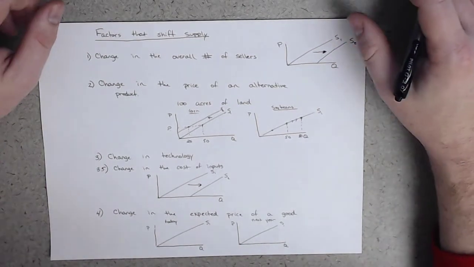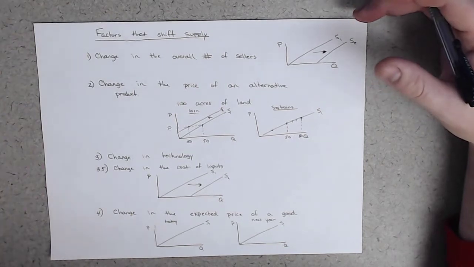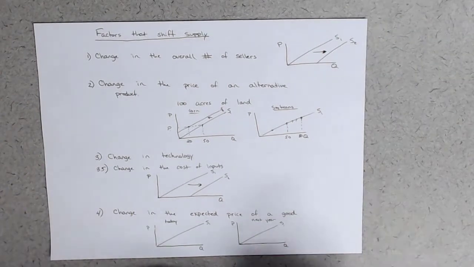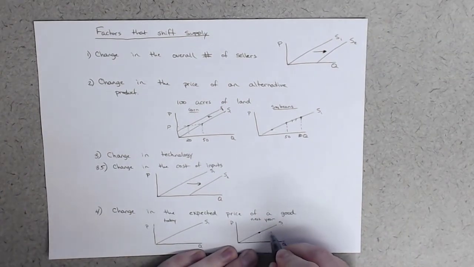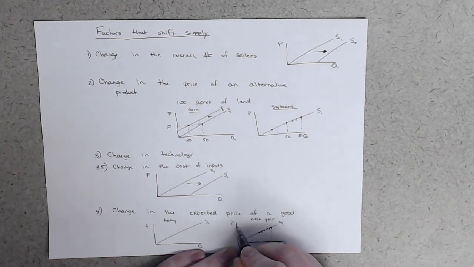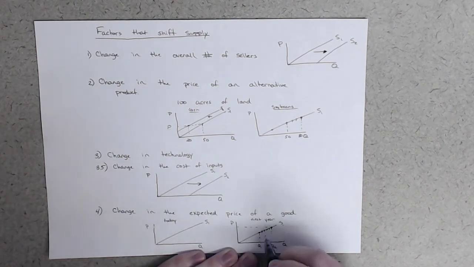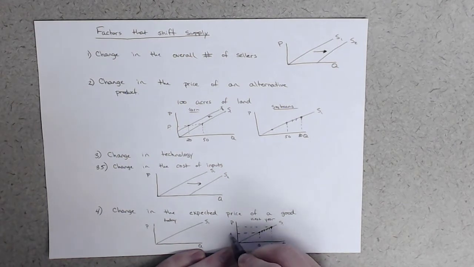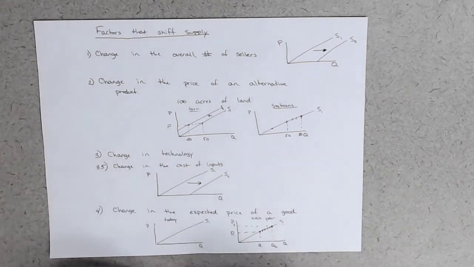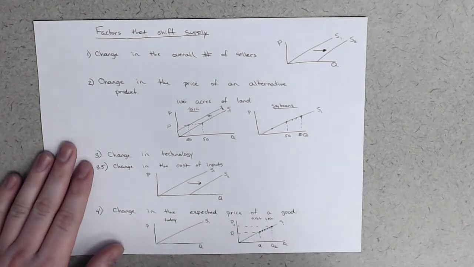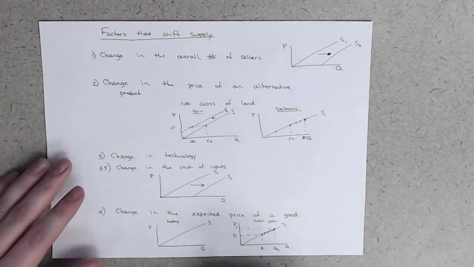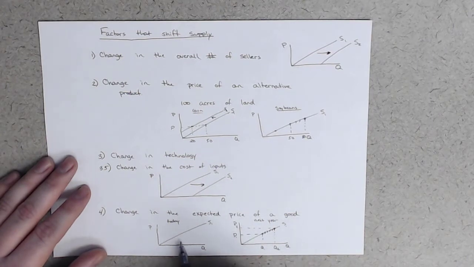And let's pretend that we know that the price of wine next year is going to go up. So if it goes up, we move along the supply curve for wine for next year. We expect the price of wine to rise next year, and so what we want to do is sell the wine then and not so much today.